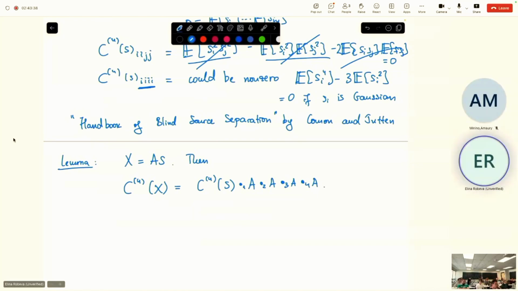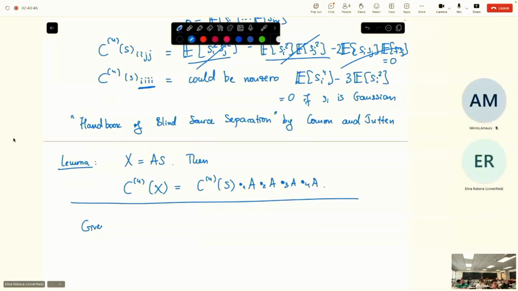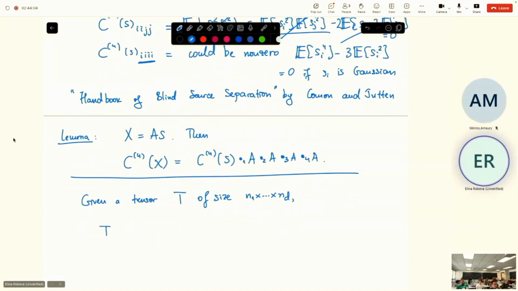Okay, so this dot J. Given a tensor T, let's say of size n1 by ... by nd, and I want to have a matrix A of size, let's say nj by m.